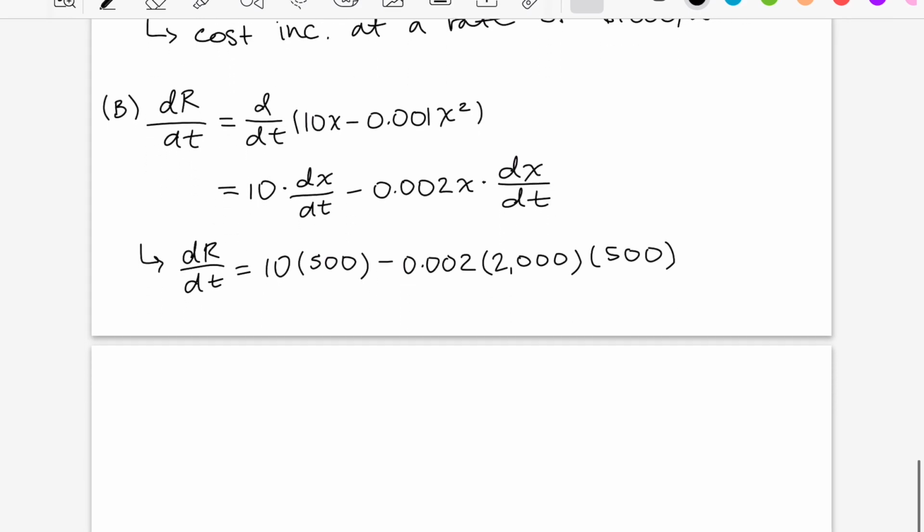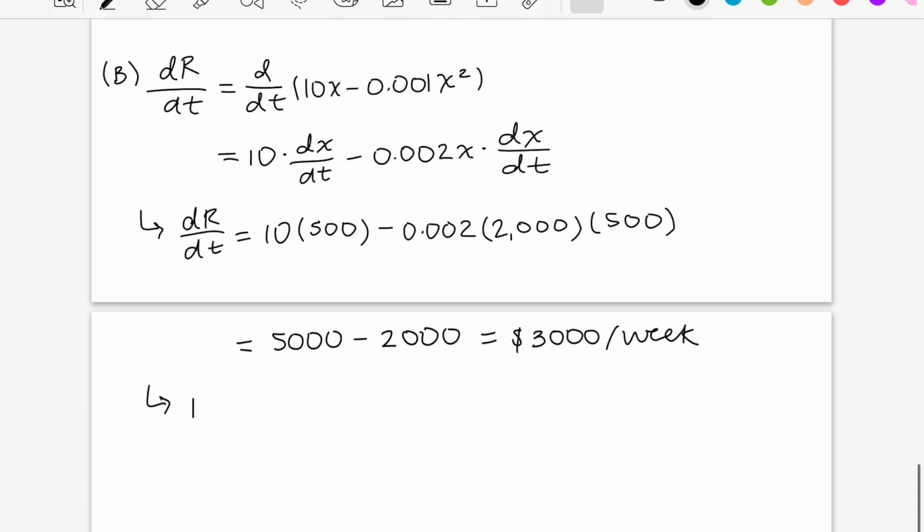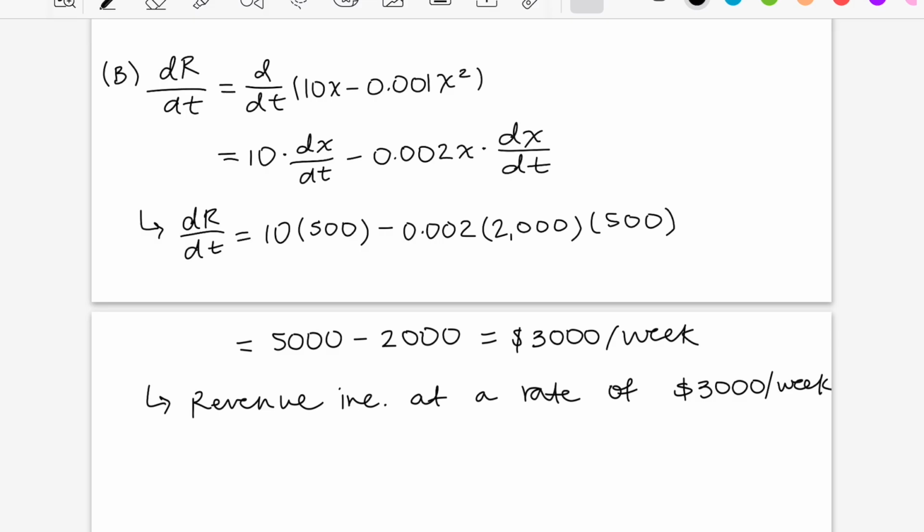So here we'll get 5,000 minus 2,000. So this is $3,000 per week. And so this tells us that the revenue is increasing at a rate of $3,000 per week.